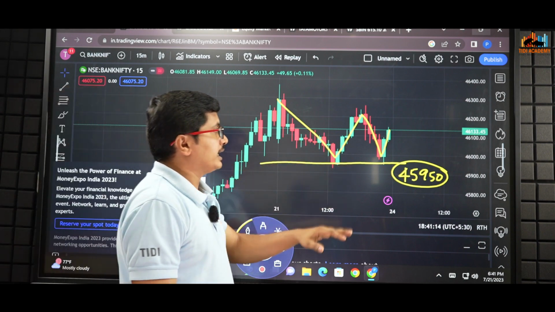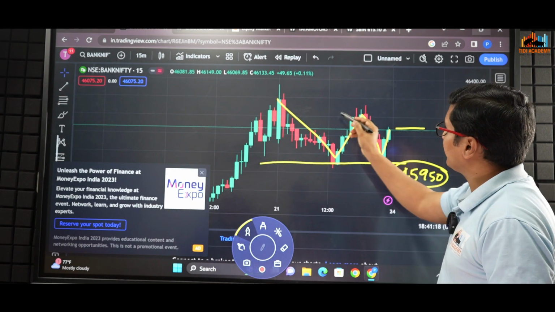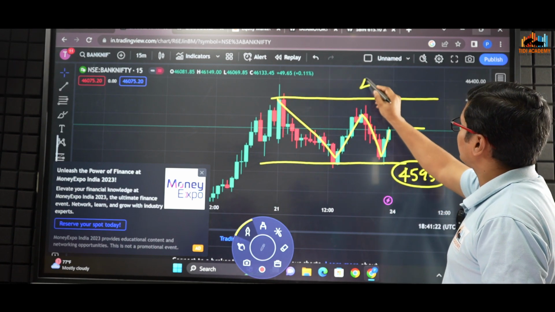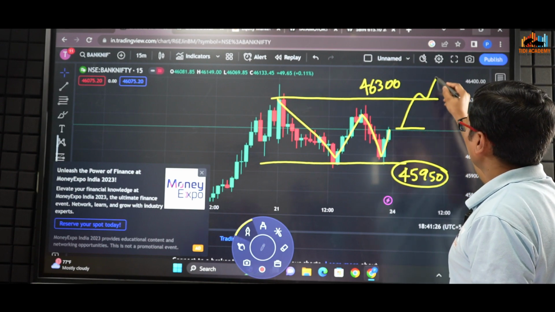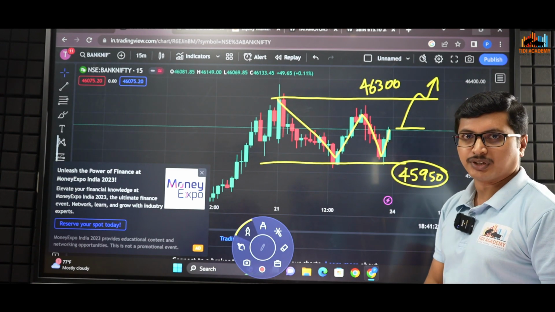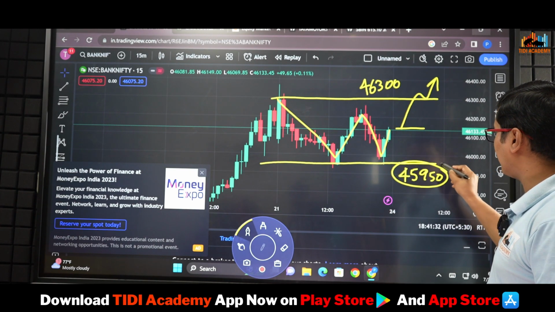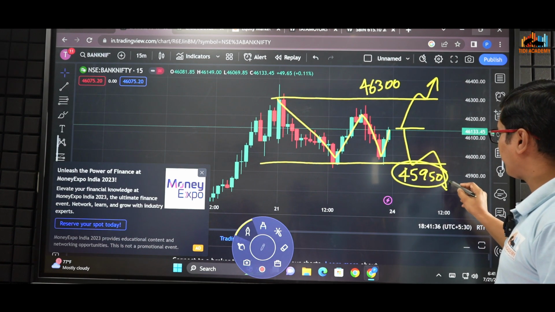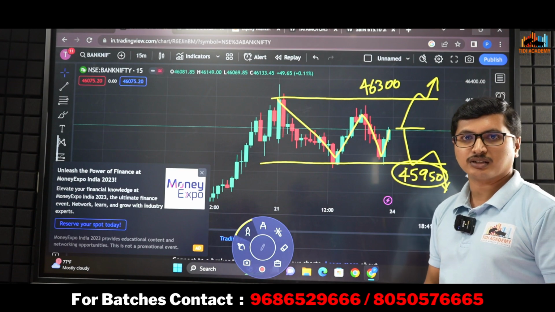On Monday, if it opens flat and breaks the higher level around 46,300, we can expect a further up move in Bank Nifty. Or else if it opens flat and breaks the level around 45,900, by doing price action we can see further downside in Bank Nifty also.